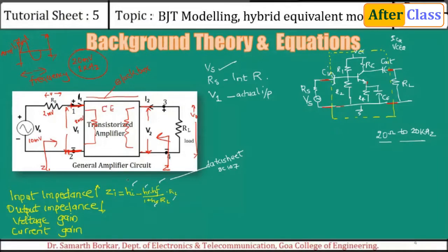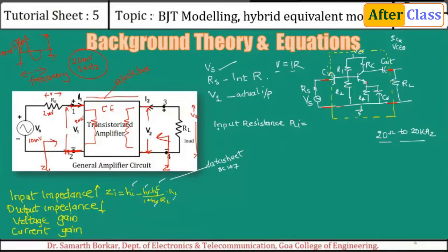Now, if I want to calculate the input resistance Ri, what is resistance? You always remember this, V equals I into R. So R will be V by I. So there's a voltage and there's a current term.